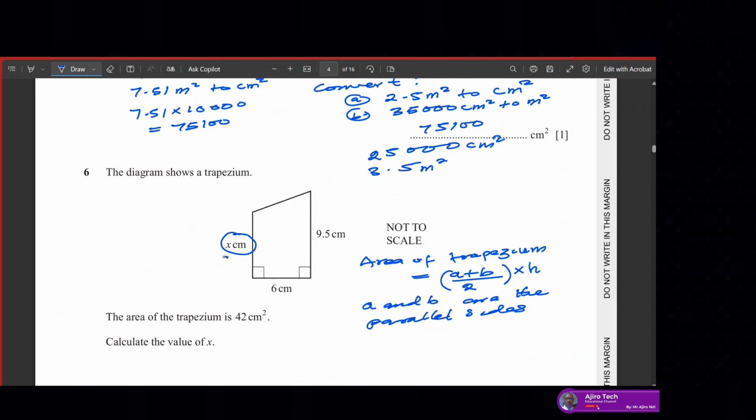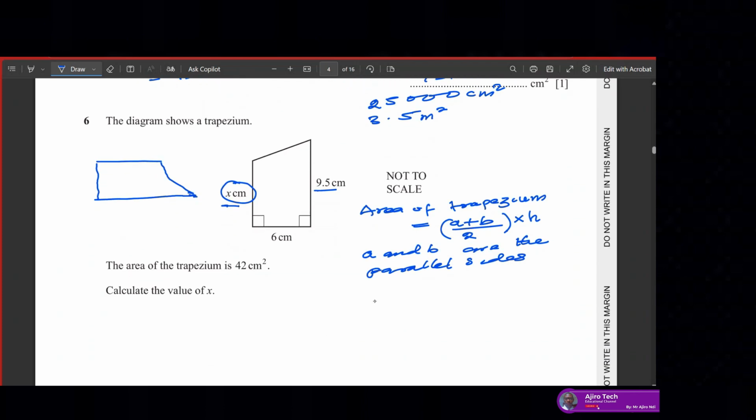The parallel sides are these two sides here. Normally, the trapezium is supposed to be like this, this is the right position, but they switched it, it is standing. Right? Yes. Good, so note this down.